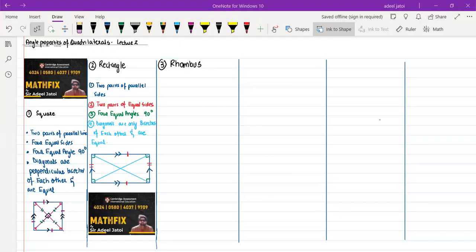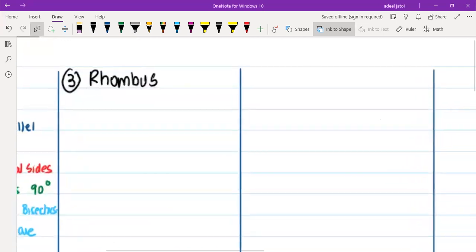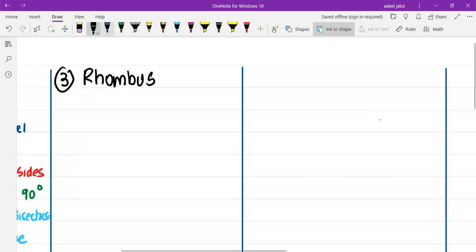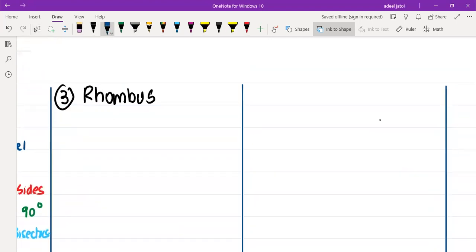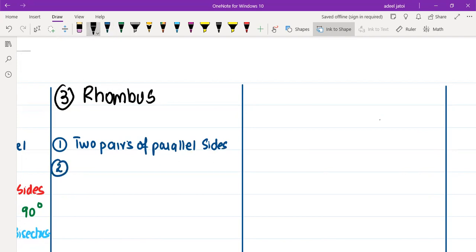So the third quadrilateral is rhombus. Rhombus has two pairs of parallel sides. Number two, four equal sides.